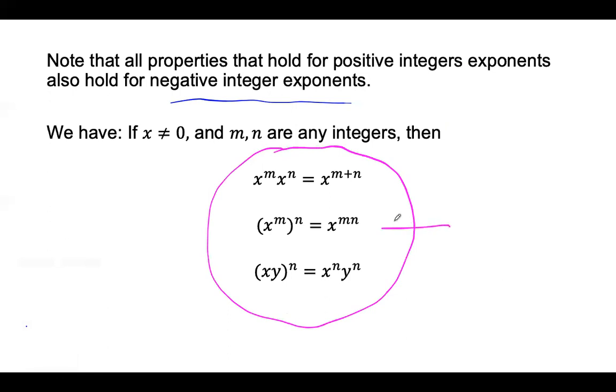Here, this one is essentially x to the power 1 over n, and the other is m. We can write it this way, which we'll talk about when we talk about powers and roots.